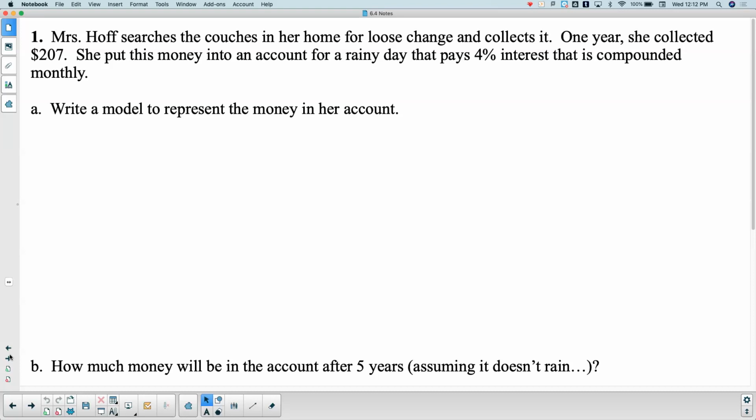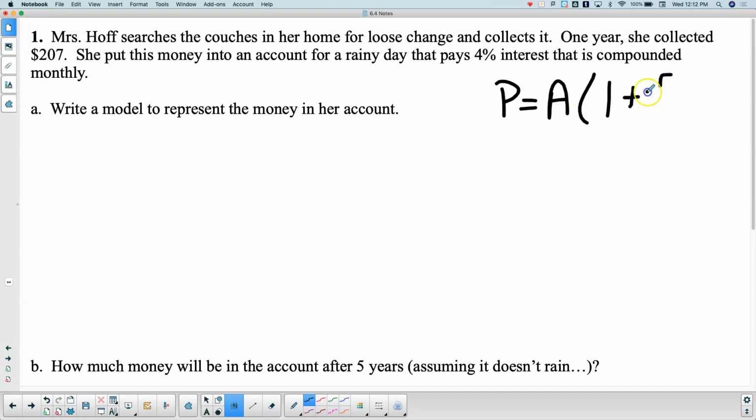Well, first off, we're going to have the compound formula. And the compounding formula is P equals A times 1 plus R divided by N to the NT power. P is the amount.